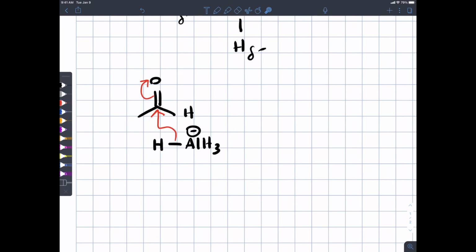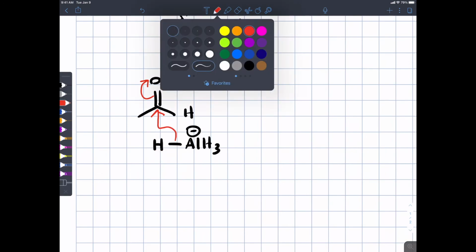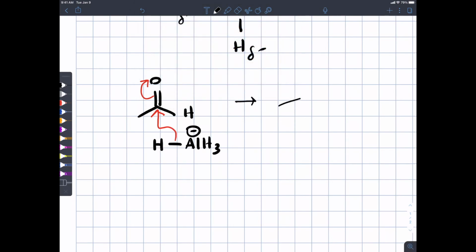Why am I starting an arrow at a bond between 2 atoms, and then how does that get me to a place where the hydrogen is bonded to the carbonyl carbon? You could think of it as though hydrogen is leaving with its electrons from aluminum to make something like H minus and then just neutral AlH3.